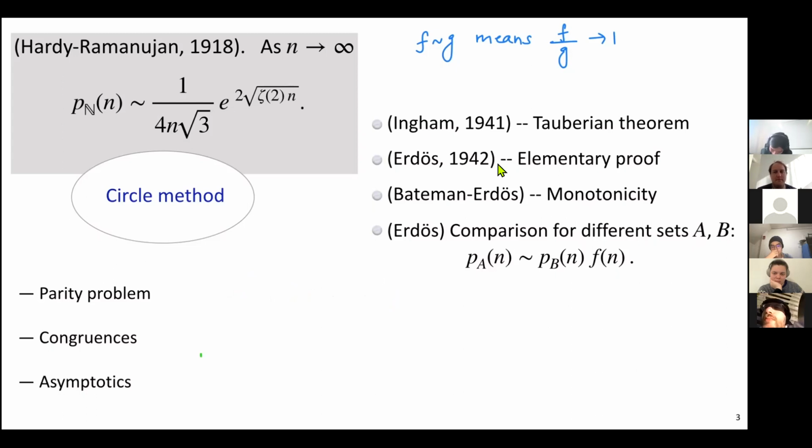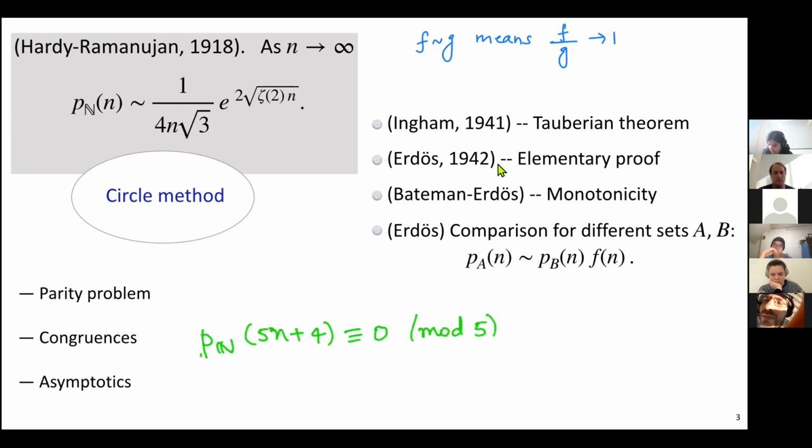Okay, so let's just write down the congruences. Ramanujan wrote this congruence. I will just write one of them: if you partition a number of the form 5n plus 4, then the number of such partitions is a multiple of 5.